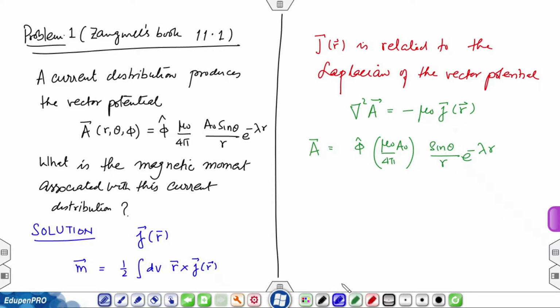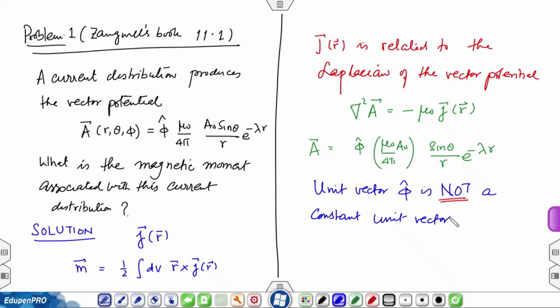Notice here that the unit vector phi is not a constant unit vector. So, I have to take the Laplacian of this also. A better approach would be to write phi in terms of constant unit vectors, and I will do it in terms of x and y.